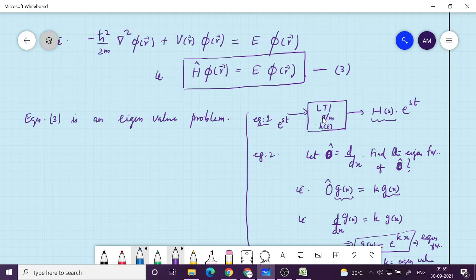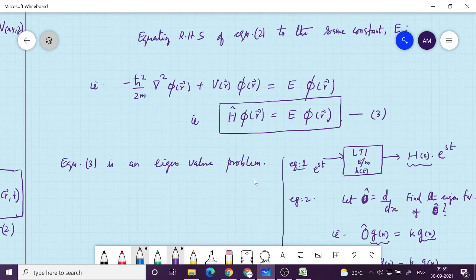We started solving some problems also, where capacitor, inductor, etc. with the resistors. So we wrote the KVL and we got some differential equation. That is basically the operator. Those differential equation operators are acting on e raised to st, but it will not change the form of e raised to st. It will remain, but it will be multiplied by a constant.